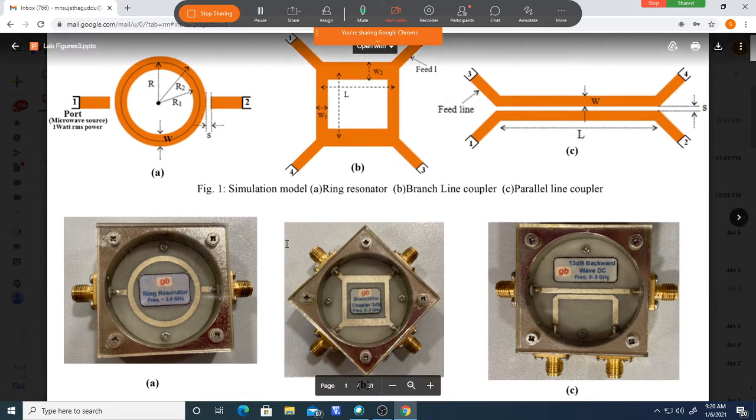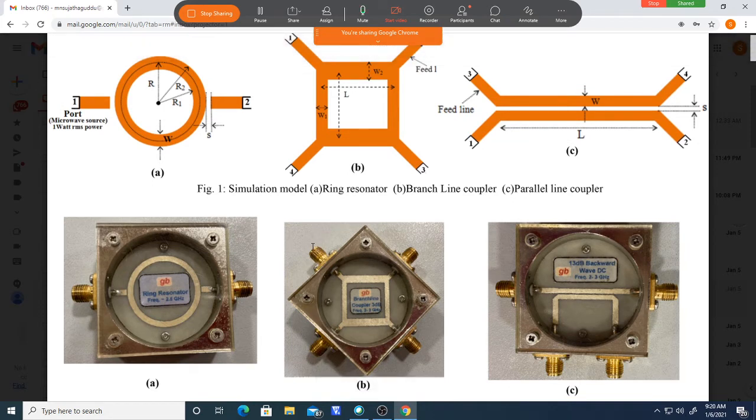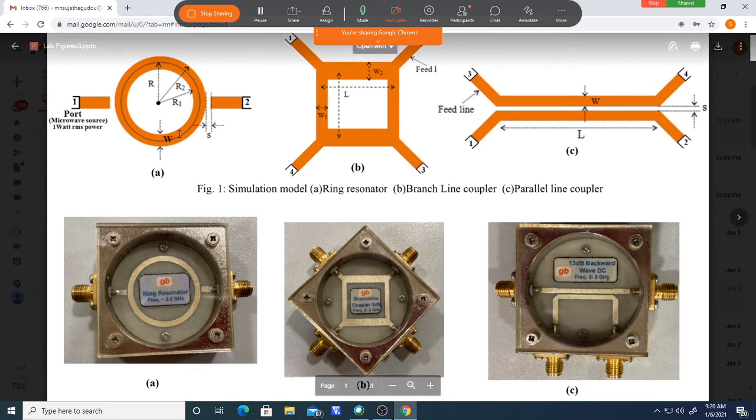Now what is the source practically? Because we have to apply the source here. How do you do the experiment? For example, with the ring resonator, we are finding the response of this resonator. We apply the source here and vary the frequency from 2 to 3 gigahertz.